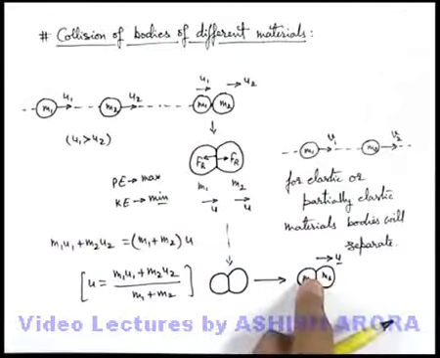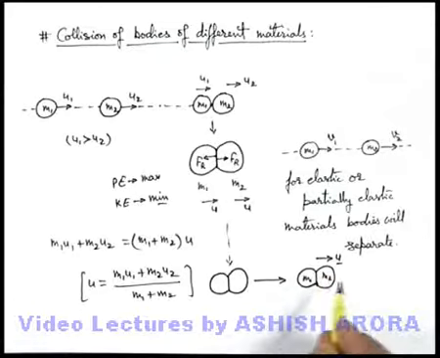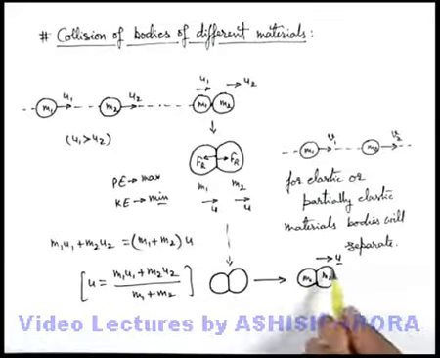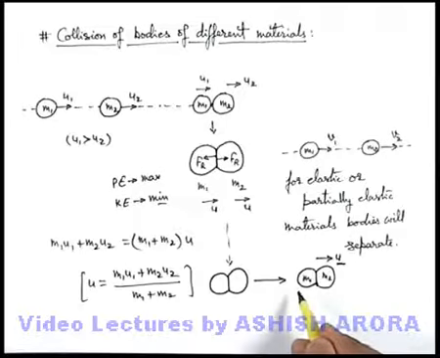I'm just taking these two balls as point masses, so we can consider the center of mass will lie on the two mass system only. So that will move with the same speed u.